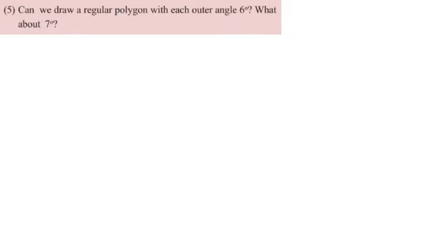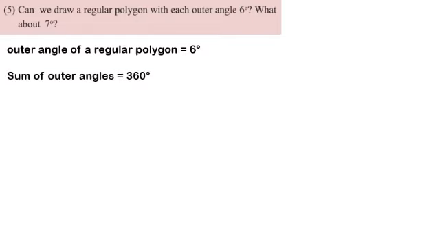Question number 5. Can we draw a regular polygon with each outer angle 6 degree? What about 7 degree? This question is so easy. How to find it, children? Yes. If we divide the sum of outer angles by 6, we get number of sides, right? If it is a whole number, we can say we can draw a regular polygon with 6 degree angle.